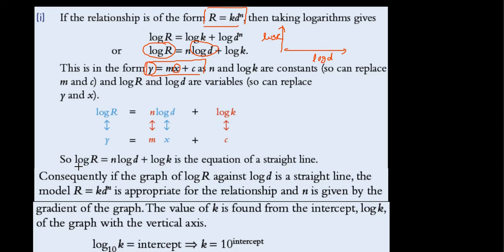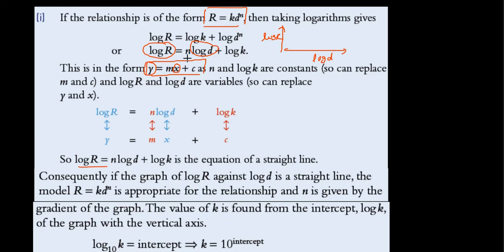So log r is equal to n log d plus log k is the equation of a straight line. Consequently, if the graph of log r against log d is a straight line, the model is appropriate for the relationship, and n is given by the gradient.